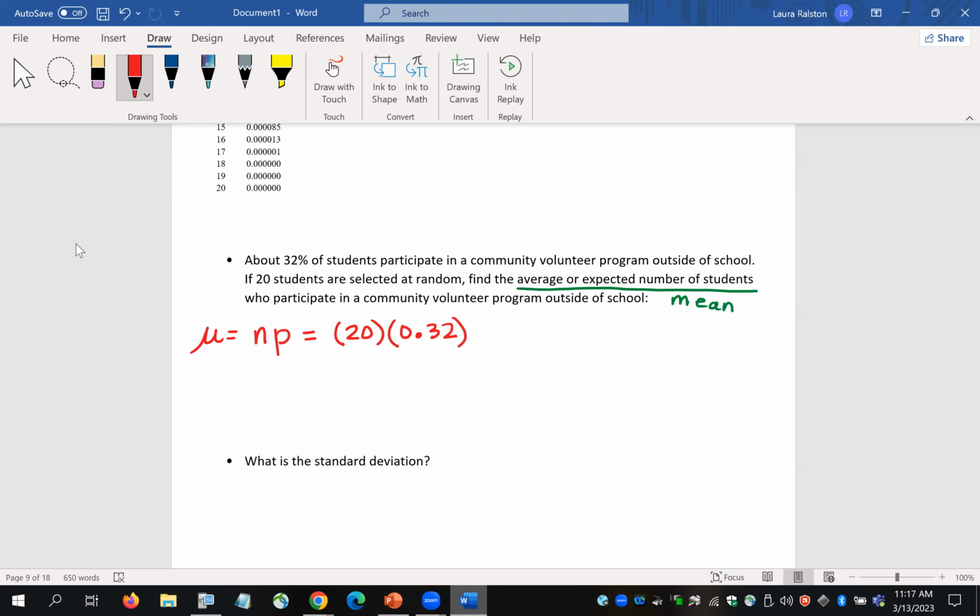So that's a whole lot easier to calculate than what we were doing a minute ago. Okay, so 20 times 0.32 gives me a value of 6.4. So on average, about 6 to 7 students are going to participate in a community volunteer program outside of school.